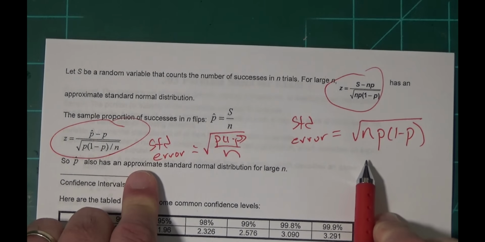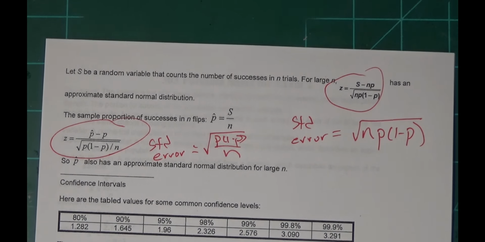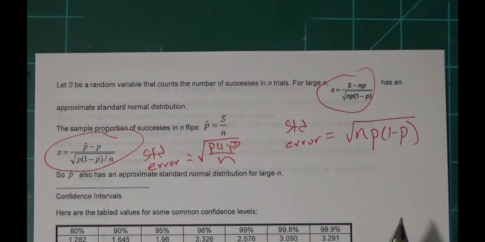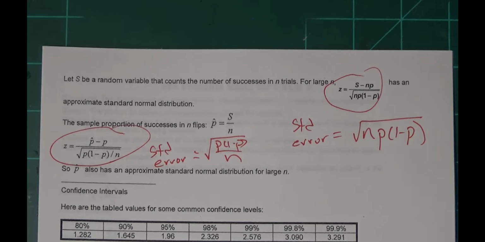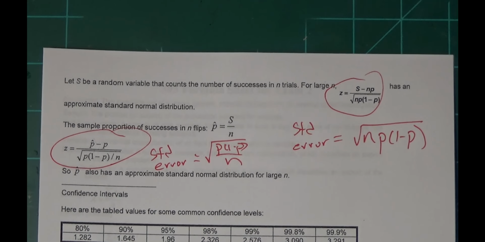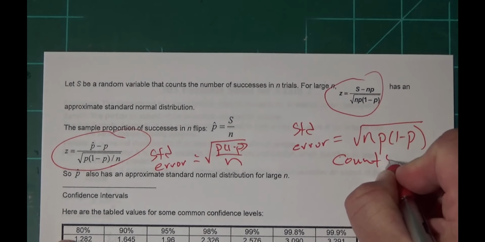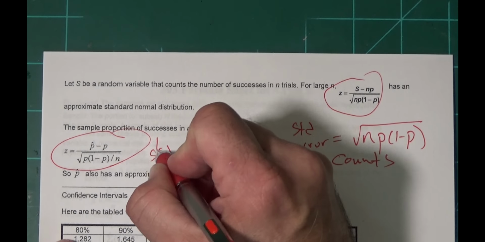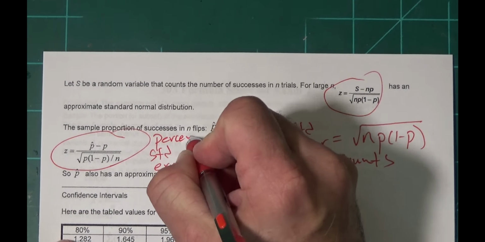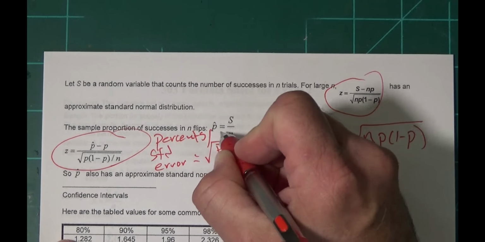She's got two different standard errors right there. And you can't do that. She is. So what she's going to do is set it up so you have to work it her way on a test. This one over here is for counts. And this one over here is for percents. Proportions.